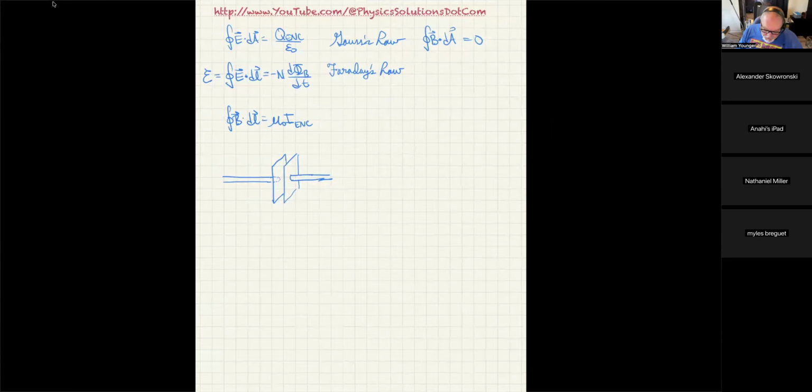But the main thing is, if you took, for instance, an Amperian loop around this, let's take my green loop, around here, that's a circle that happens to be perpendicular to the wire itself. And I'm going to imagine that the wire has a current I running that way.